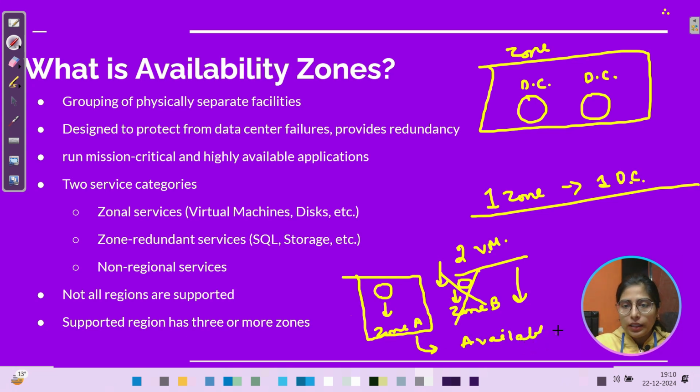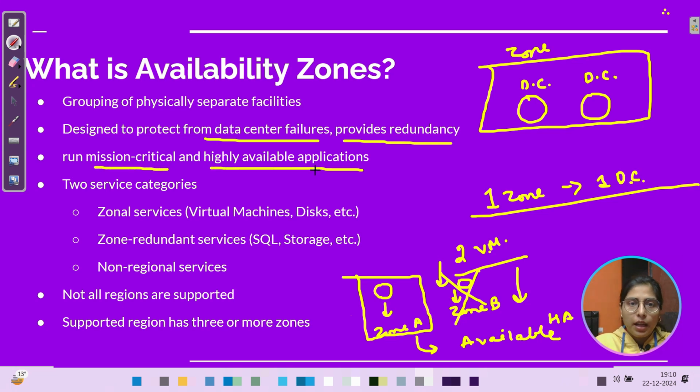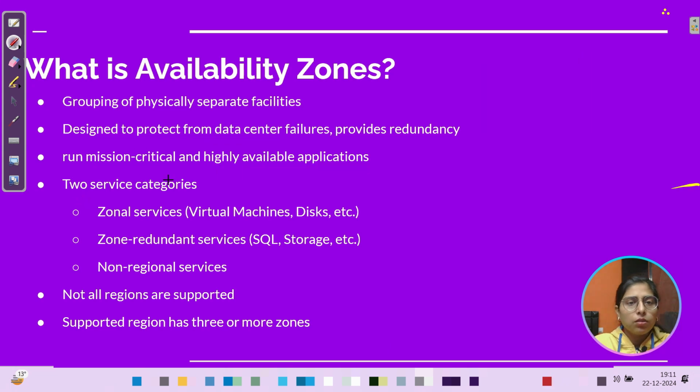And it provides high availability of your applications. So this is the importance of zones. It basically protects you from data center failures and it also provides redundancy. So if you want to run any mission critical or highly available application, you can consider deploying your applications in different zones. So zones basically have three different service categories.